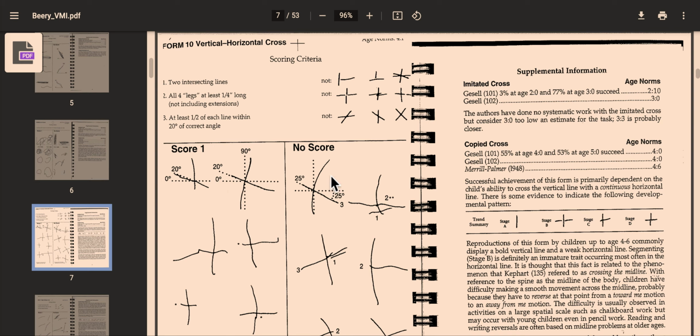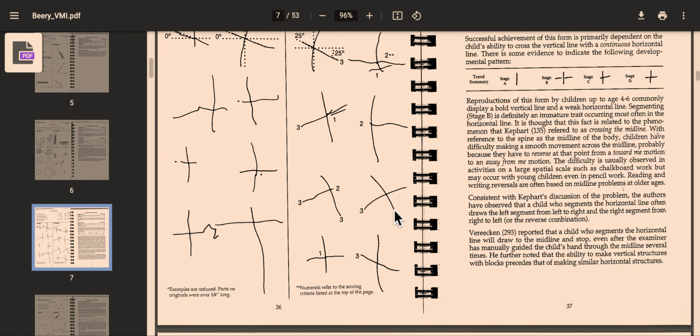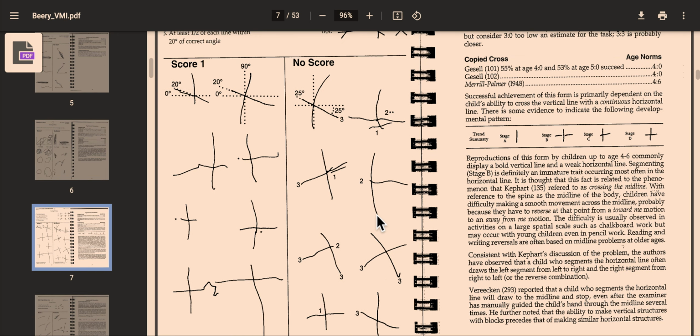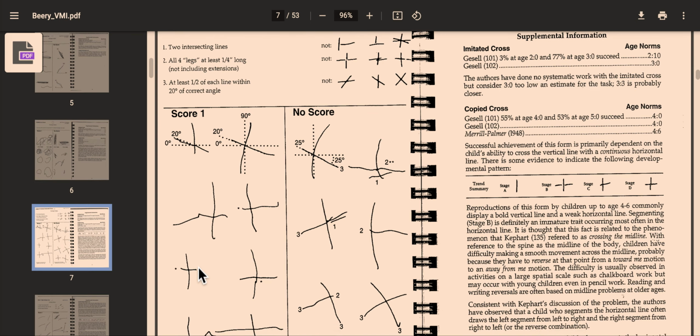Yes. Probably not here, because they're measuring with a protractor and it's 25 and not 20. So it's very close, very similar. You'll need a protractor to see the difference. Again, it gives examples of what does not meet the criteria, and those numbers refer to why that doesn't meet the criteria, versus this meets all three of the criteria.